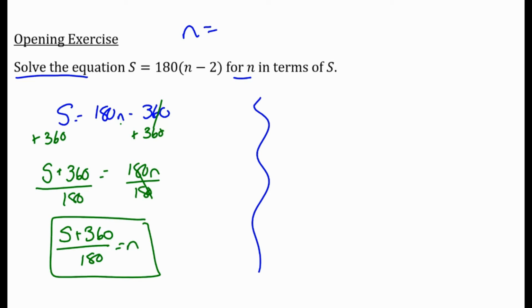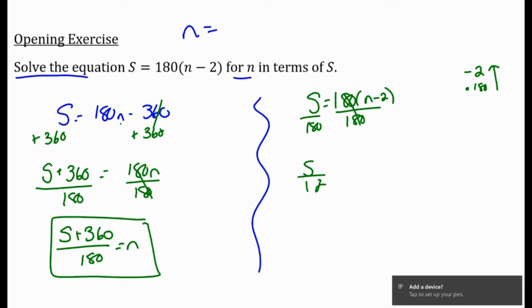The other option is to think about this using inverse operations. Here's n, I'm subtracting 2 and then multiplying it by 180. So let's work backwards. Let's undo these operations here. Let's divide by 180. So I get s over 180 equals n minus 2.